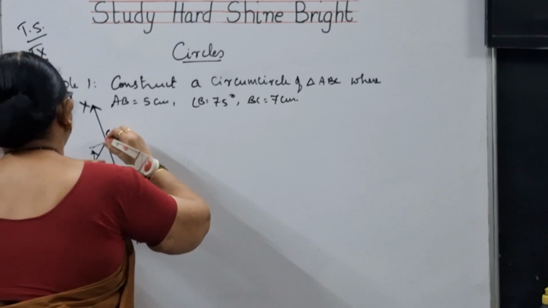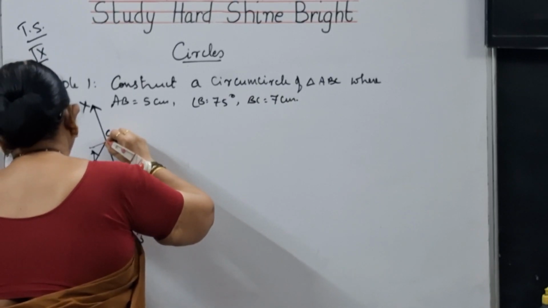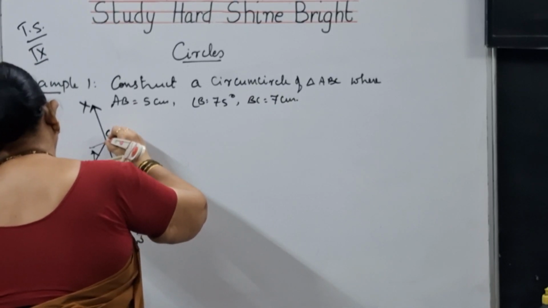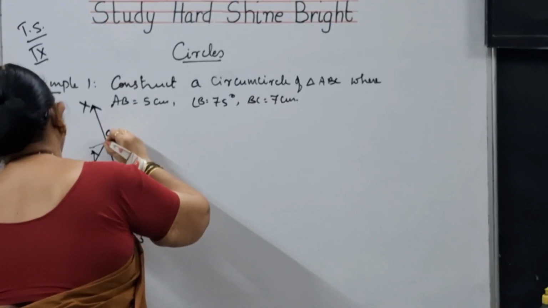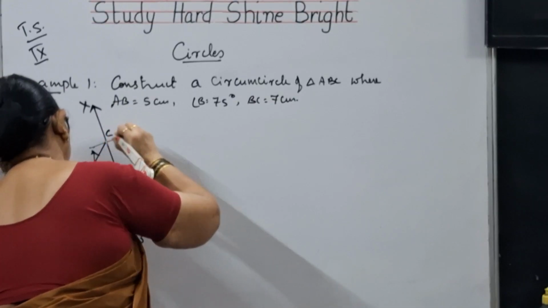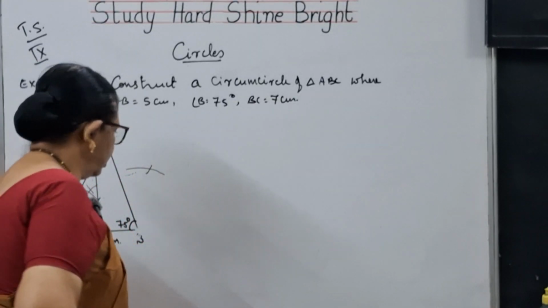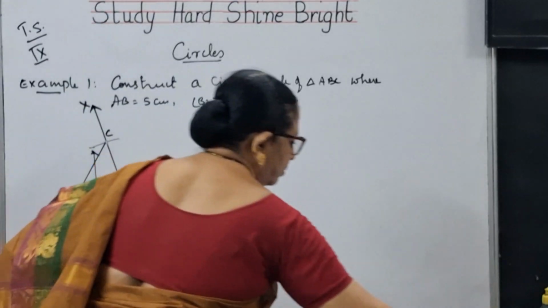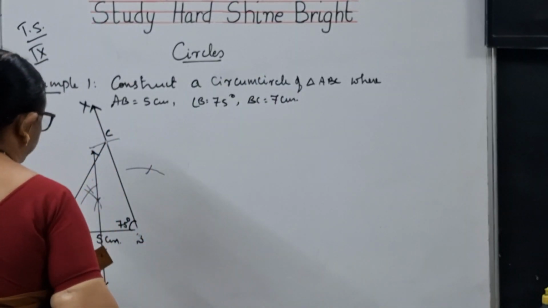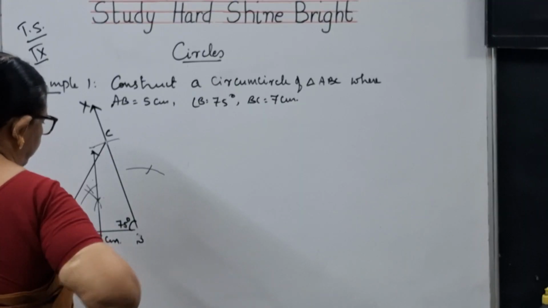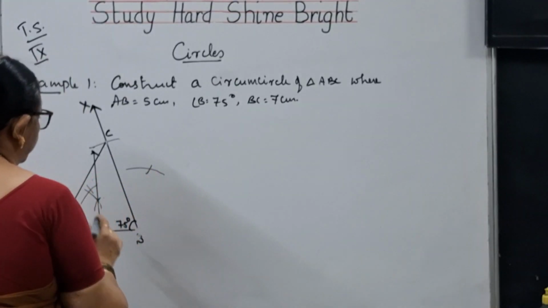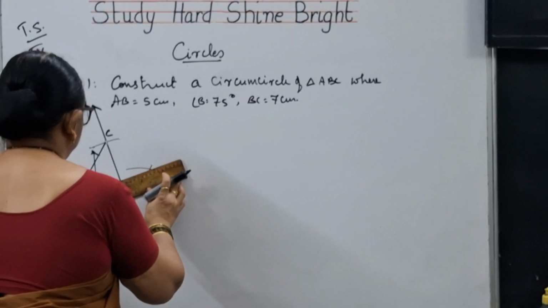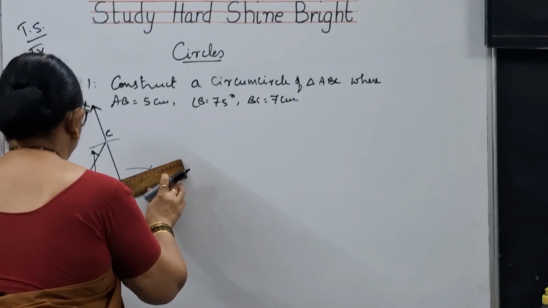My construction box is slippery, children, so I may not get it properly, but see the method. These two arcs, this line, is the perpendicular bisector of BC.